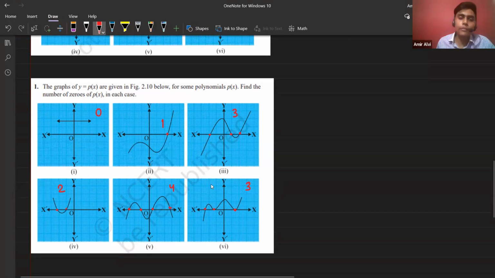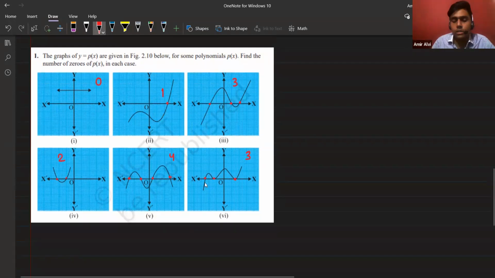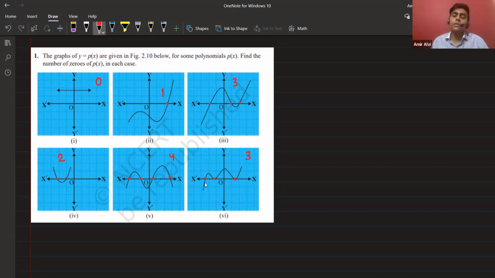So this is the graphical representation of polynomials. The number of times the graph will cut the x-axis or touch the x-axis, that is the number of zeros there will be. Is that clear? Any doubt? No. Okay. So after this, Adil, there is one more method to identify the zeros of the polynomial.